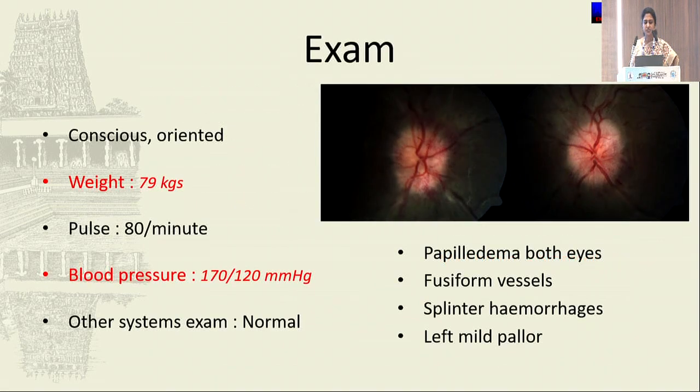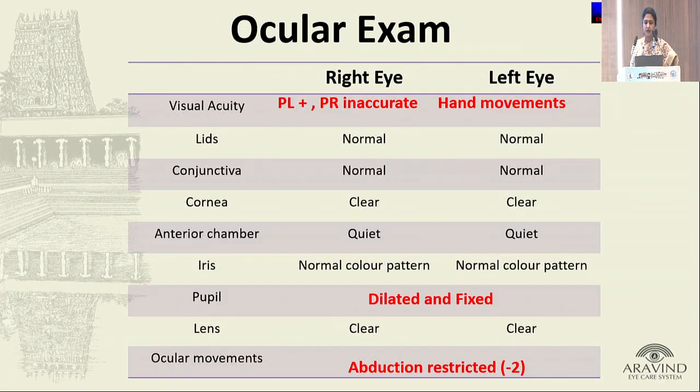On examination, the patient was otherwise normal, with a weight of about 79 kgs, which is to be noted, and a blood pressure of 170 over 120. Other systemic examination was normal. She had papilledema in both eyes with a typical picture like this, as you see. Her visual acuity in the right eye was PL plus, PR inaccurate, and left eye was hand movements.